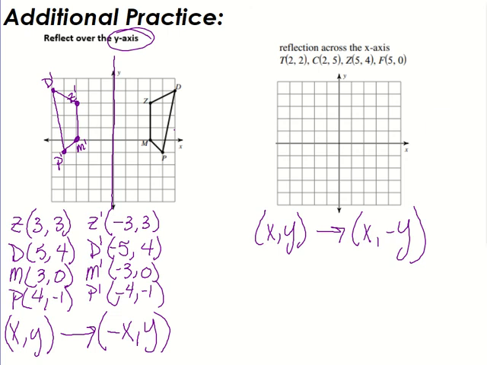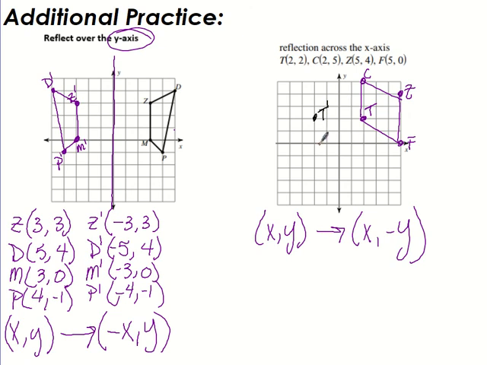Okay. So T, 1, 2, and 2, 1, 2, 3, 4, 5. 1, 2, 3, 4, 5. 1, 2, 3, 4. And then 1, 2, 3, 4, 5. So there's my original shape. So then T prime should be at -2, 2.